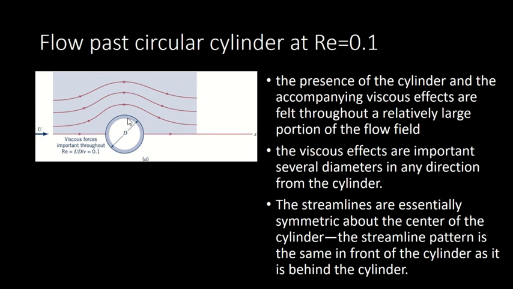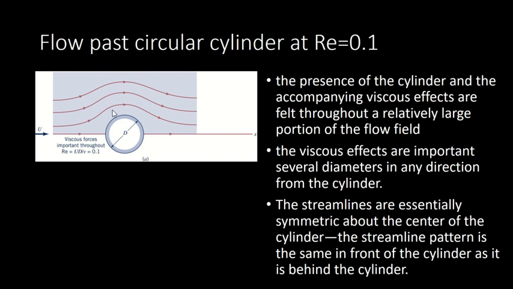So the viscous region is still large, and the viscous effects are important several diameters in any direction from the cylinder. The diameter of the cylinder is d, but the viscous region is sometimes much larger than the diameter of the cylinder, ahead upstream of the cylinder and downstream of the cylinder.